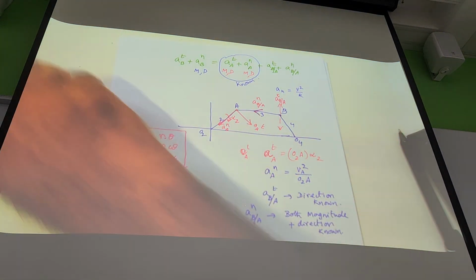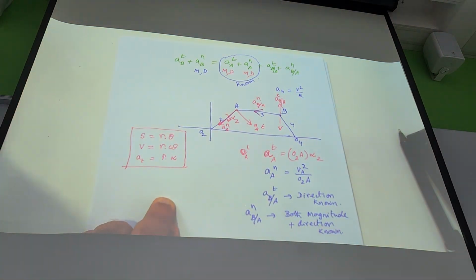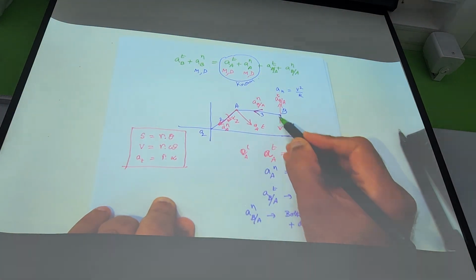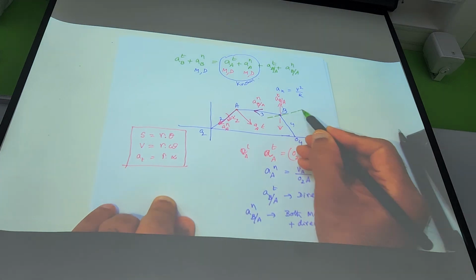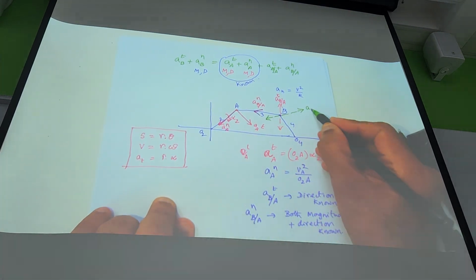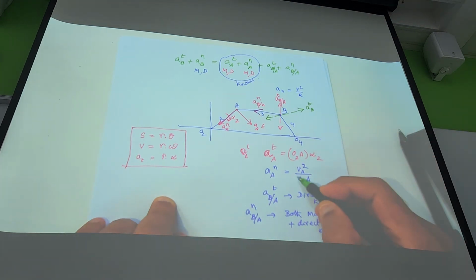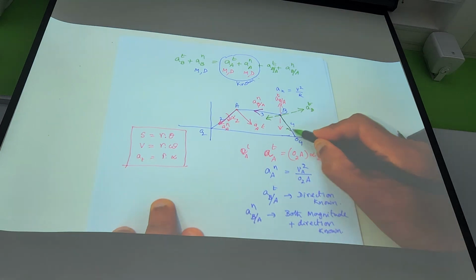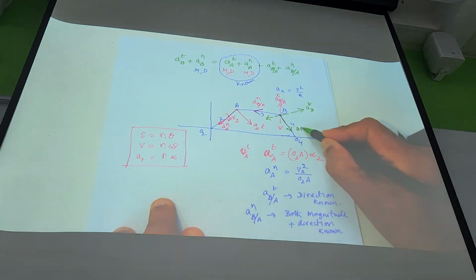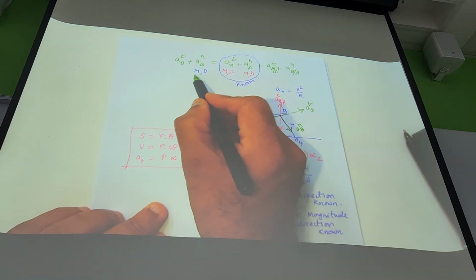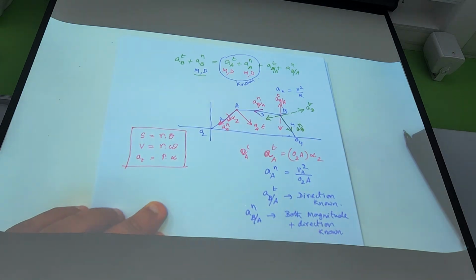Now acceleration of B tangent you also know the direction of; it will be perpendicular to the link. Then acceleration of B normal will be like this. So for acceleration of B normal, you know both magnitude and direction.